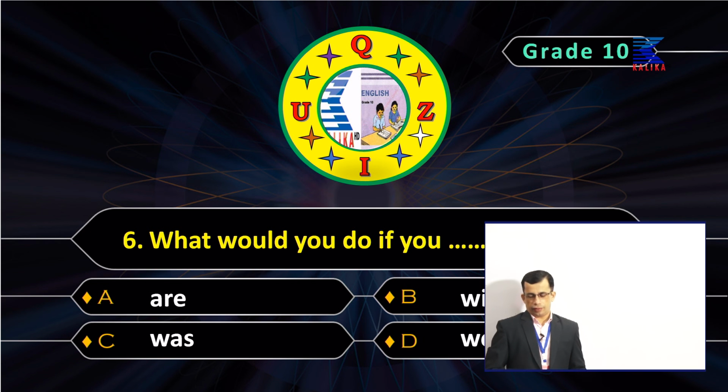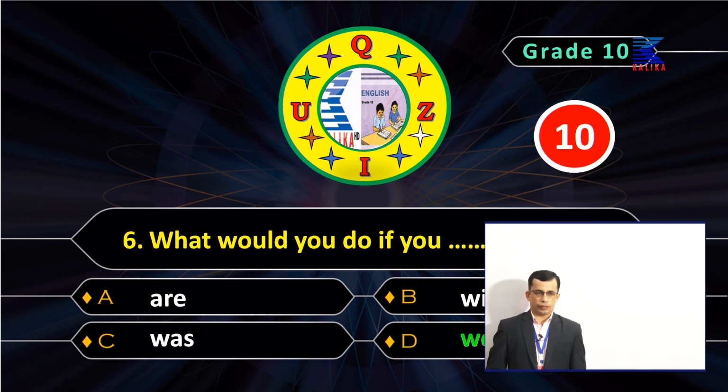If past tense is used in if clause or conditional clause, we have to use should, would, could, might plus verb 1. Okay. So, you are supposed to fill the verb in if clause. What would you do? Would plus verb 1 is given in main clause. So, here where verb 2, right. Okay.